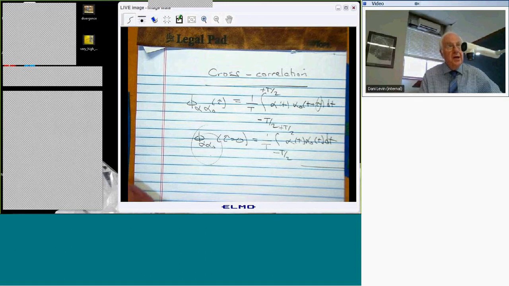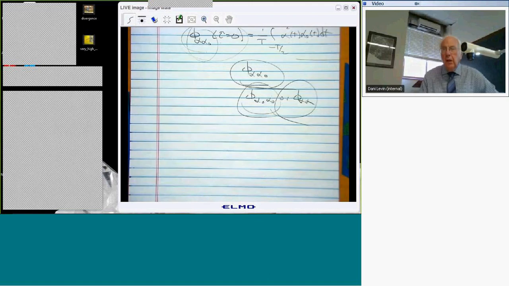Another thing you might do is compare this cross correlation to the autocorrelations. And if this cross correlation is small compared to the autocorrelations, you can say, well, those two quantities, alpha and alpha naught, must not be very well correlated.